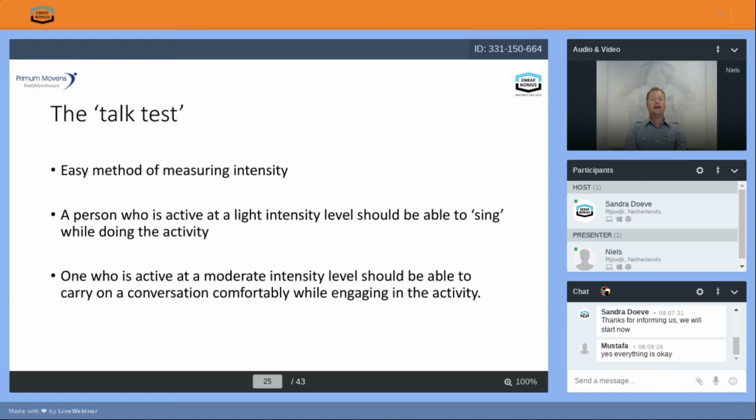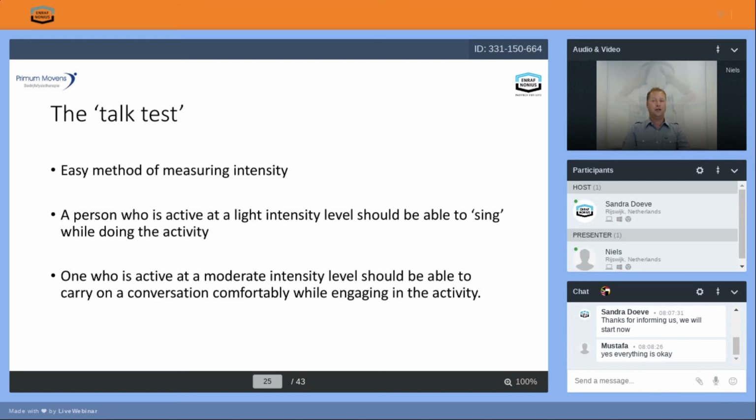But this is all about the level of the intensity. You should be able to have enough breath to sing a song. You don't actually have to sing a song, but it's a way to describe the intensity levels. One who is active at a moderate intensity level should be able to carry on a conversation comfortably while engaging in the activity.